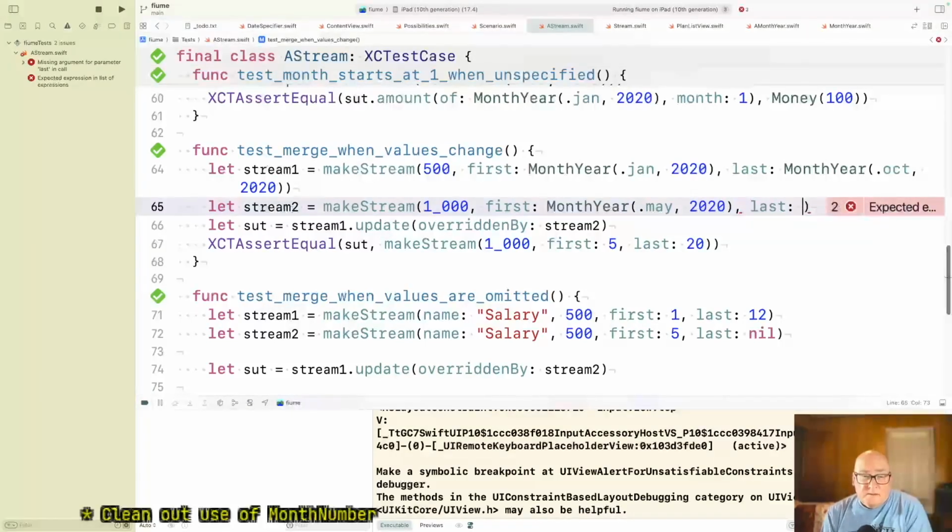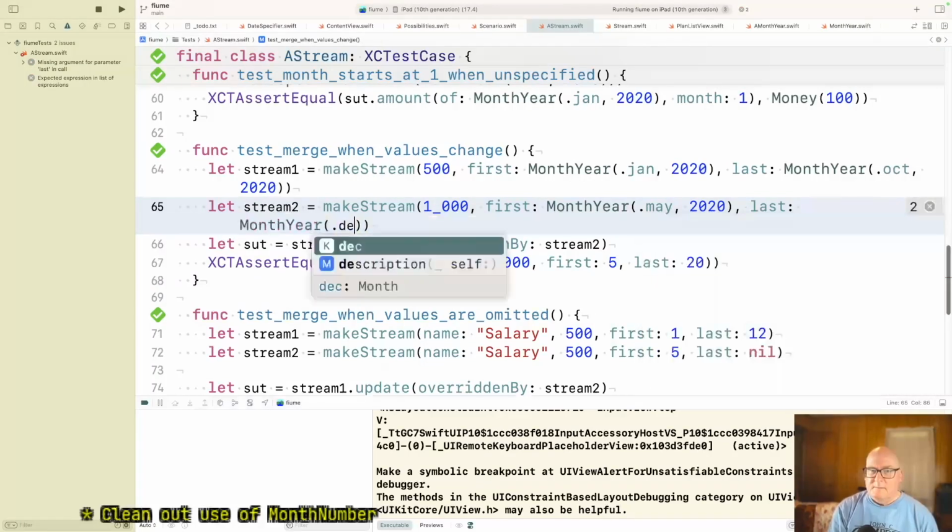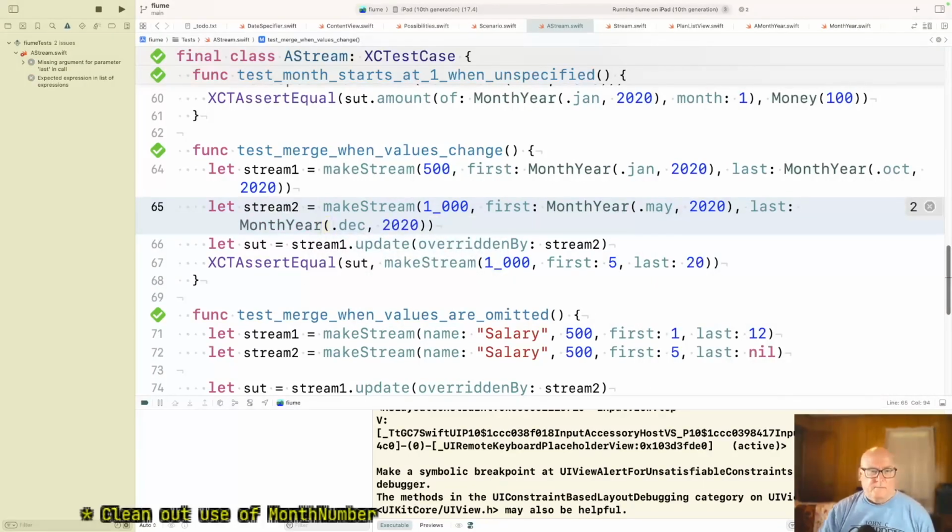Month 20, so 12 is December, 13 is January, plus 7. Maybe I can make that a round year. Okay, so 2 is stream 1 updated, overridden by stream 2. So his first month should be May. Yeah, should be this.